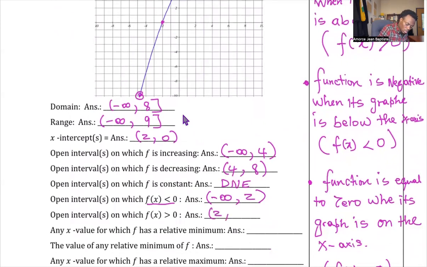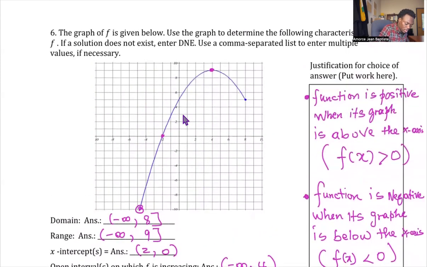2 all the way through 8. See, all these points are above the x-axis. And if I take the x values, it covers the x-axis from 2 to 8. That's f of x greater than 0. And then this one continues, we're not going to forget that.